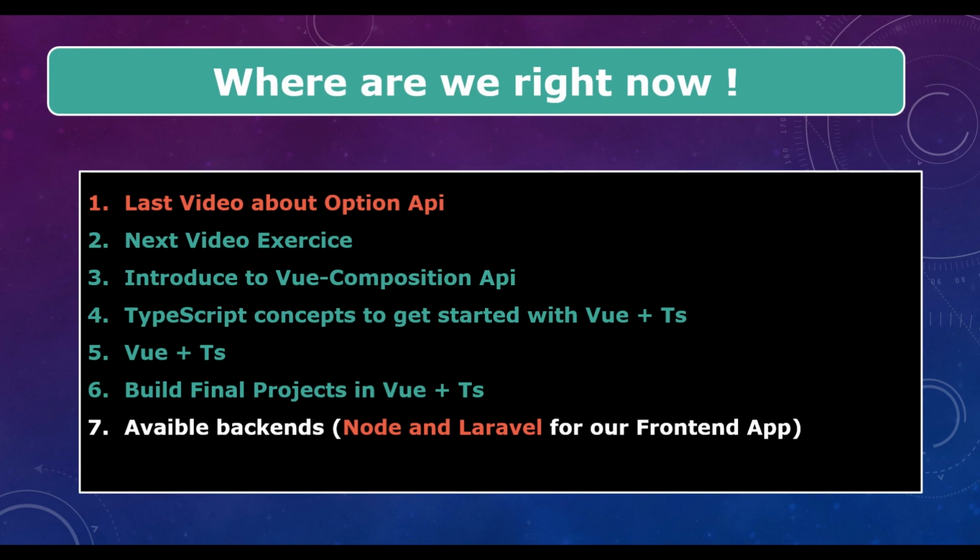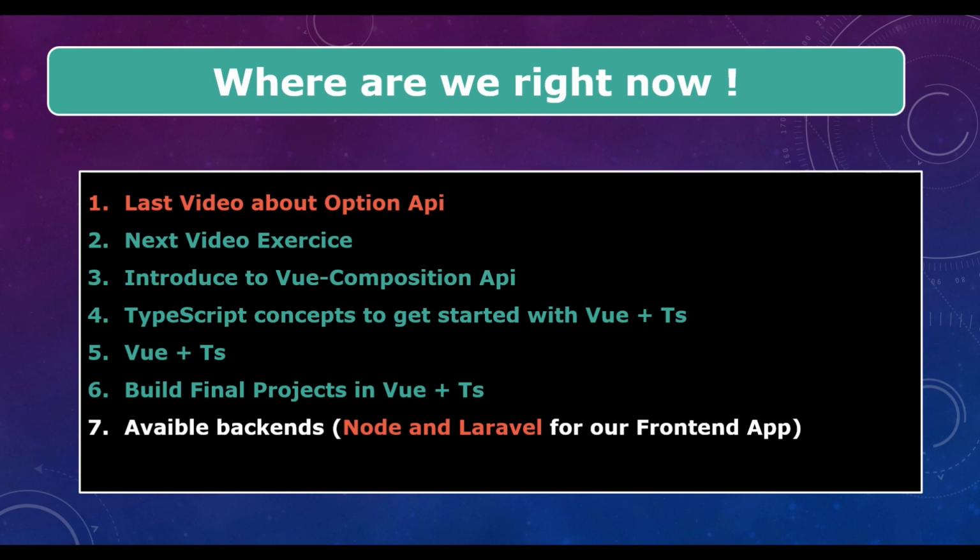Then we're going to move to TypeScript. We're going to learn some basics required in order to get started with Vue plus TypeScript, and then we're going to build our final project. It is going to be Vue plus TypeScript. We are going to cover some advanced topics within it. The available backends are going to be Node and Laravel. I've already said that in the previous video, and then we're going to finish.